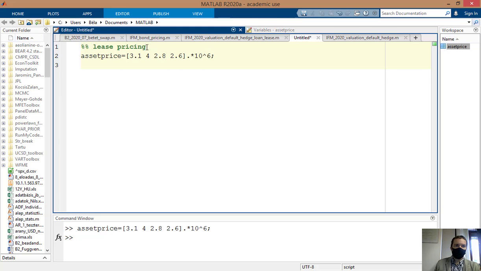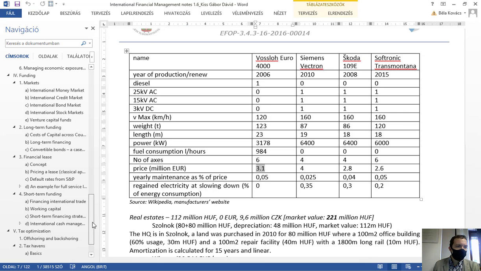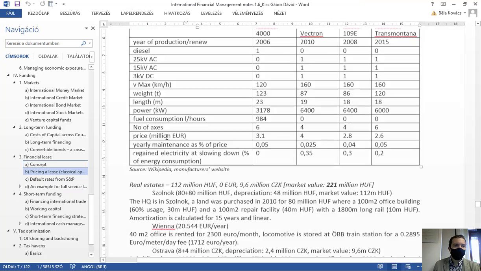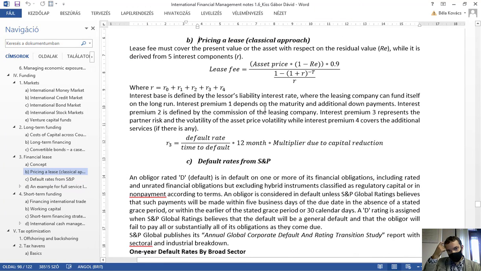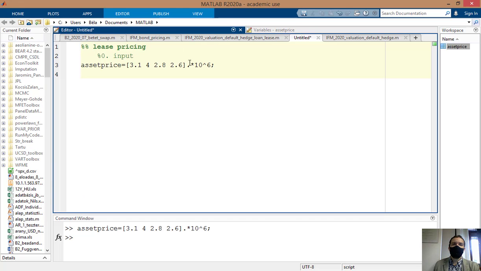Okay, so inputs. Then, if we jump to the financial lease and its pricing, we can see that we still have to deal with the residual value, which was considered as 25%.